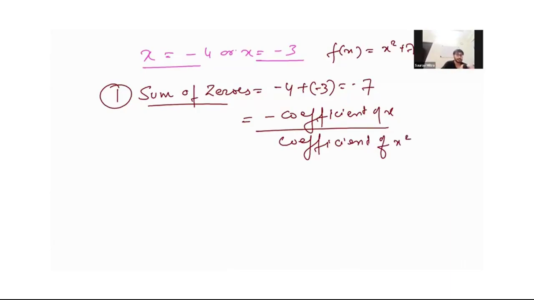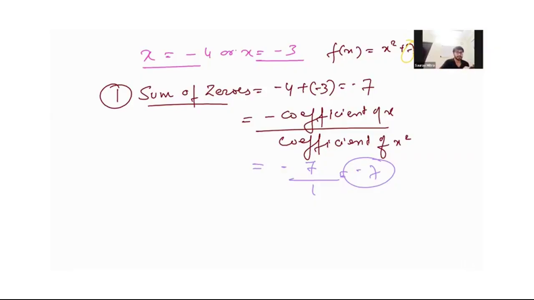What is the coefficient of x here? It is 7. So minus 7, and the coefficient of x square is 1. So again you have your answer, minus 7. So the sum of zeros is minus coefficient of x upon coefficient of x square. Clear? This is the relation between the zeros and the coefficients.